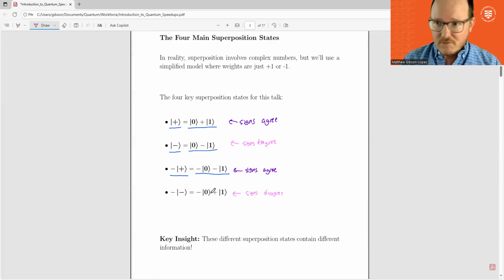Now that we've talked about these superposition states, I want to talk a little bit about the way that you extract a value out of a qubit. You extract a value out of a classical bit by just looking at it. If the switch is on, I can just see it's on, that's a 1. If the switch is off, I can just see it's off, that's a 0.